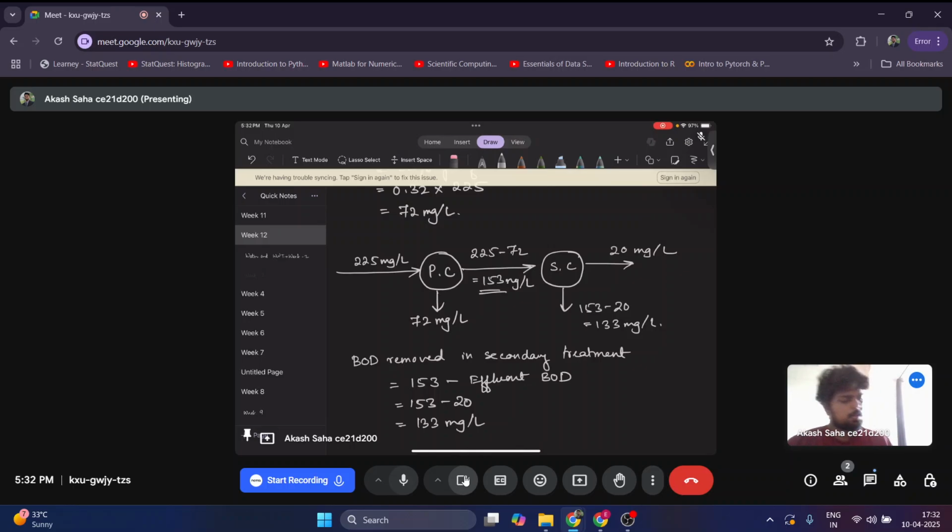Okay. So now 133 milligram per liter, or I can write it as 133 by 1000 kg per meter cube, or 0.133 kg per meter cube.